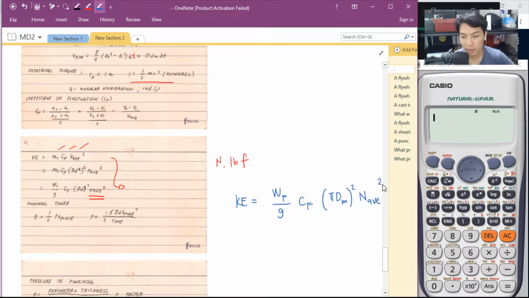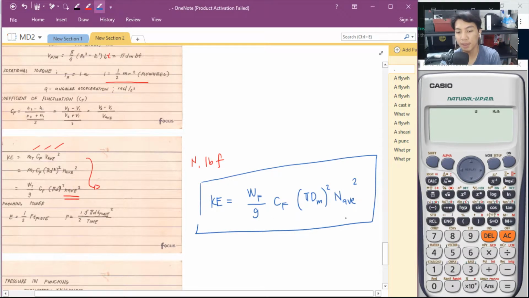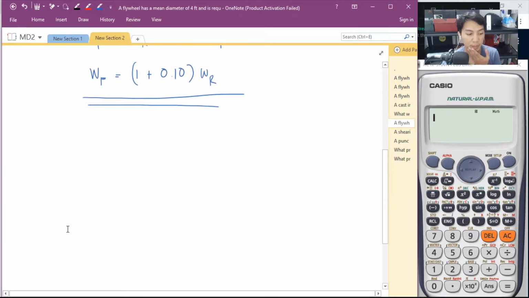Kaya lang, naka-square din to. So, you have there yung formula na gagamitin natin for the entire equation. This one, if given si weight ng flywheel, coefficient of fluctuation, the average normal operating speed, and the mean diameter. So, let us get back to the problem.